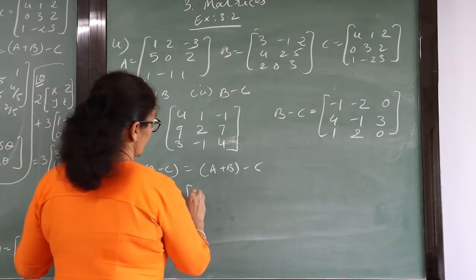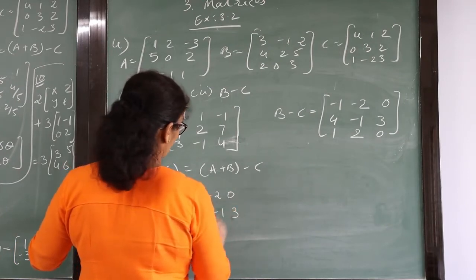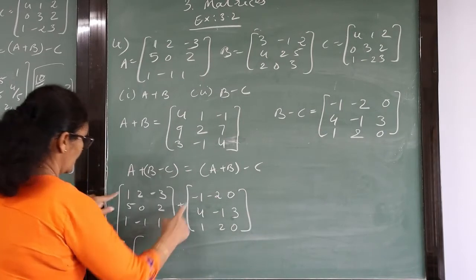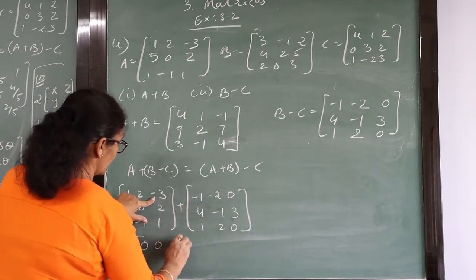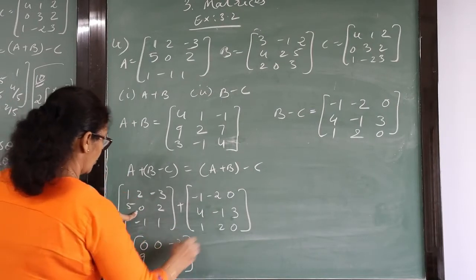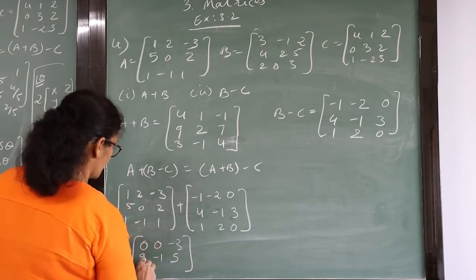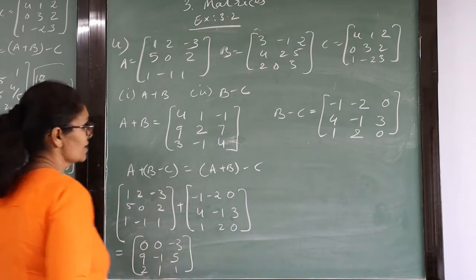And B minus C, minus 1, minus 2, 0, 4, minus 1, 3 and 1, 2, 0. Now add it. 1 minus 1, 0. 2 minus 2, 0. Minus 3 plus 0 is 3. 4 and 5, 9. 0 minus 1, minus 1. 2 and 3, 5. 1 plus 1, 2. Minus 1 plus 2, 1 and 1 plus 0 is 1.